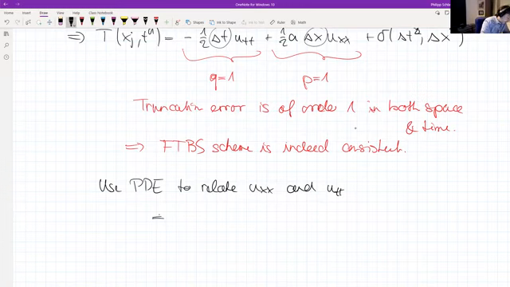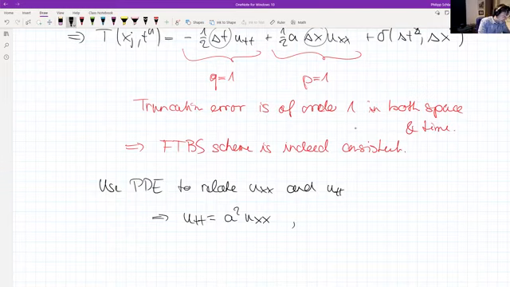And what we get for that is utt is the same as a squared times uxx. So I'm just using the theorem of Schwarz, or the equality of the mixed partials. So this is the result.